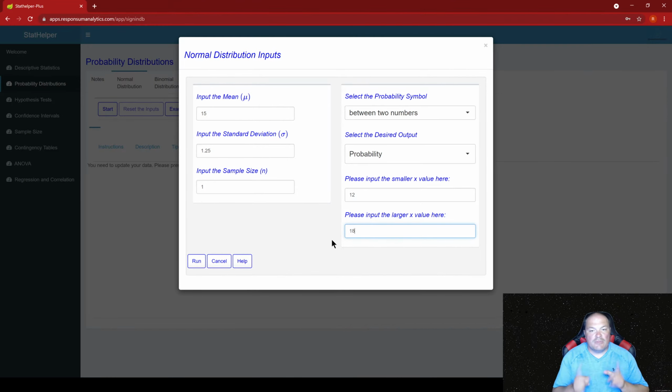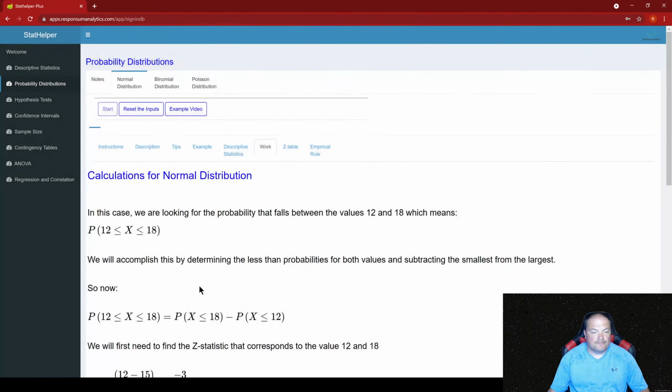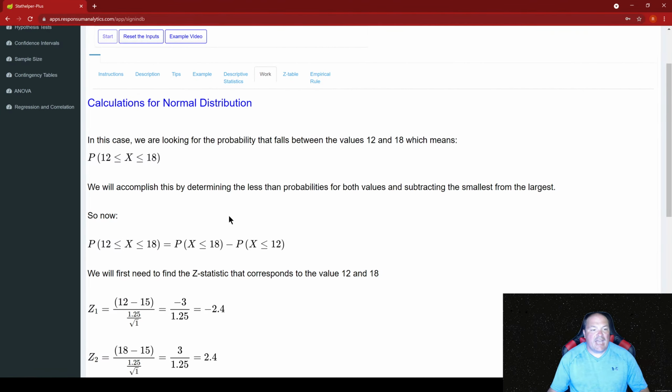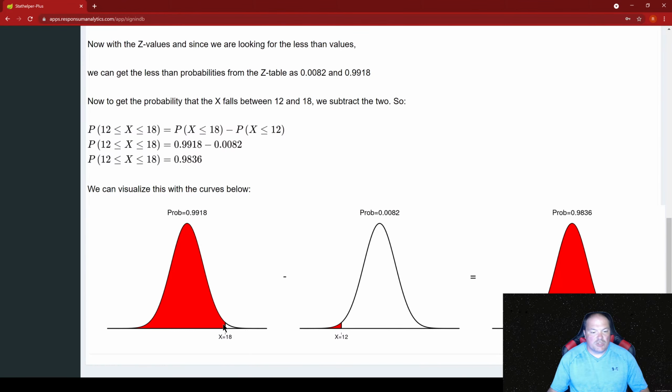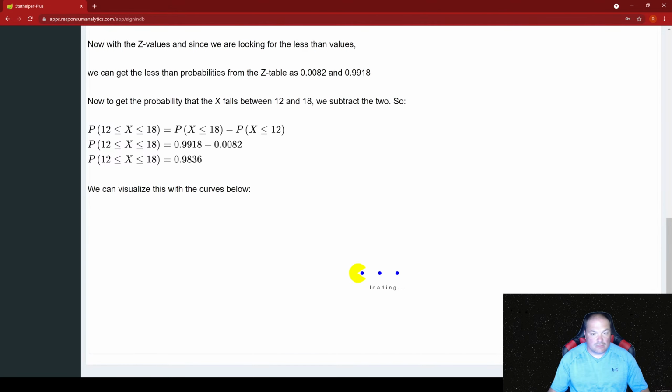All I'm doing here is saying I want you to find the probability between two numbers, and those two numbers are 12 and 18. Click Run. Now, if you think about this, to find the values between 12 and 18, we're going to look at the probability for less than 18, subtract off the probability of less than 12, and then you end up with what's in the middle.